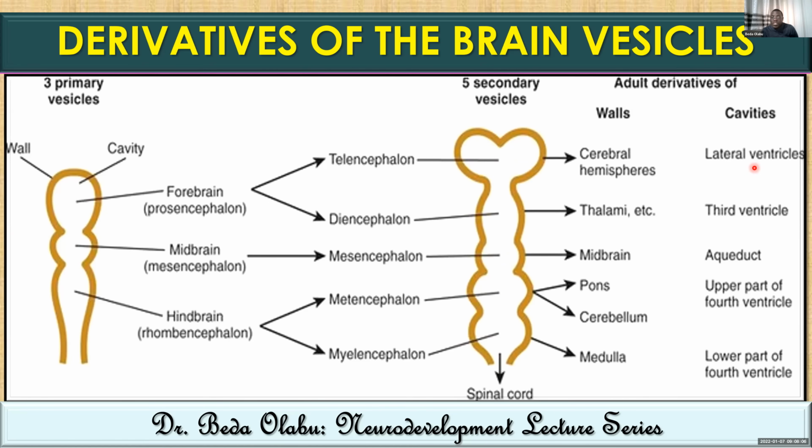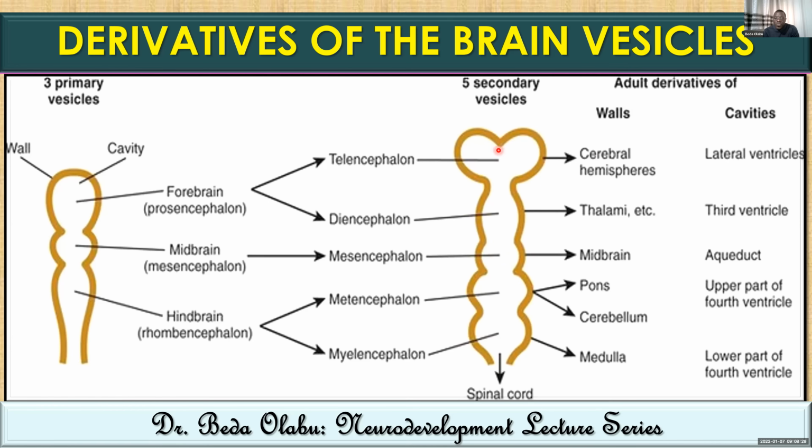Remember, the lateral ventricles are within the hemisphere anyway. So because we have right and left lateral ventricle, we also have a right and left cerebral hemisphere. And we also have a right and left telencephalic vesicle.